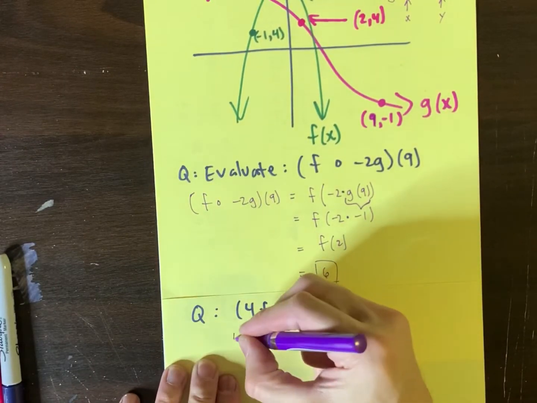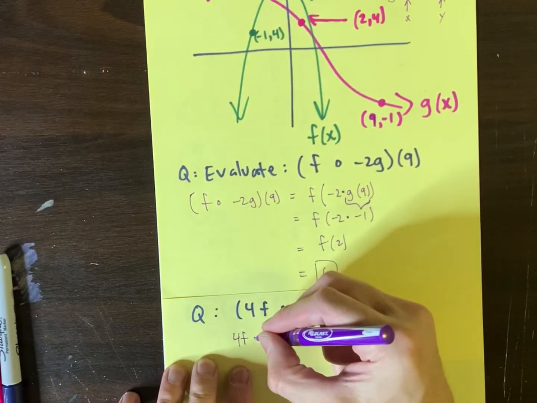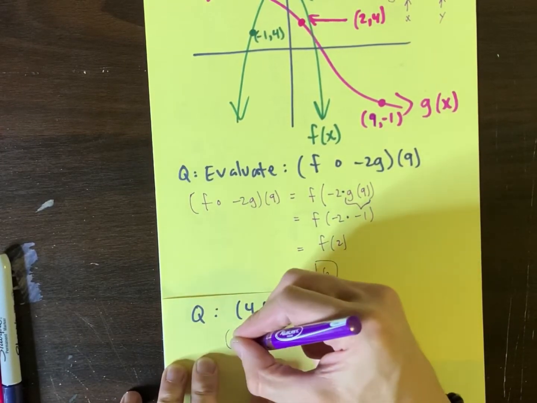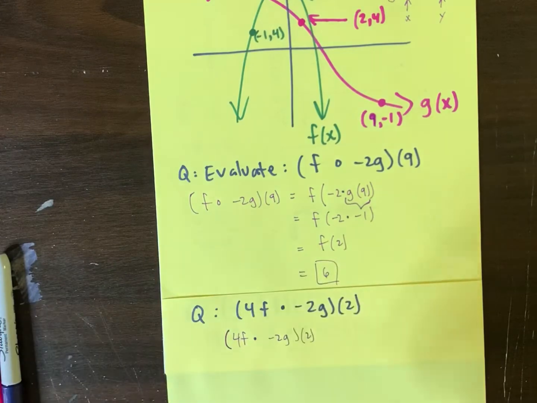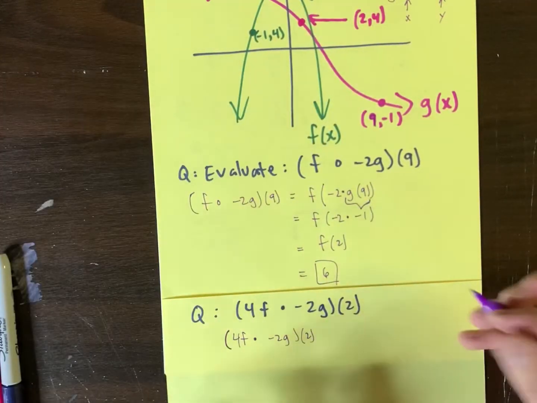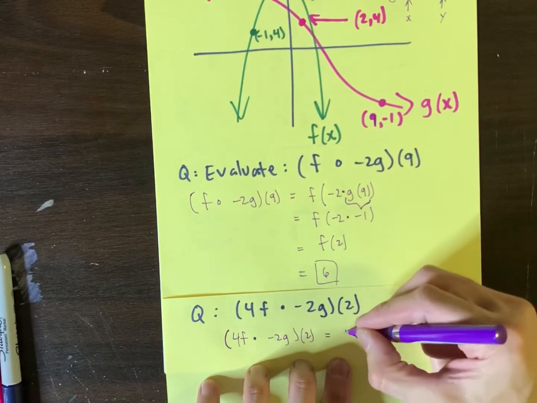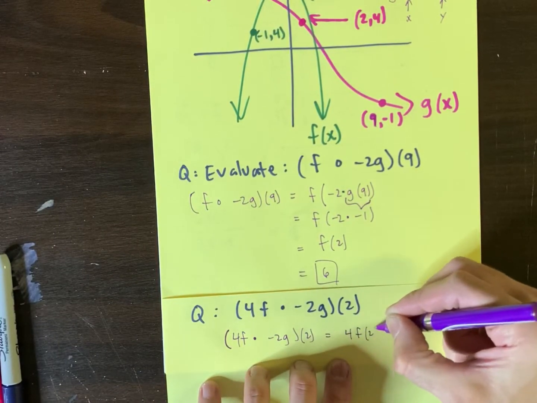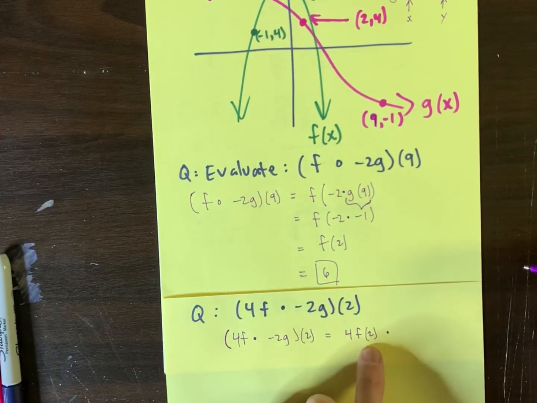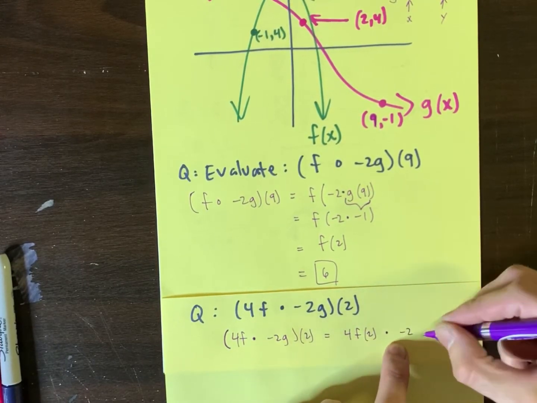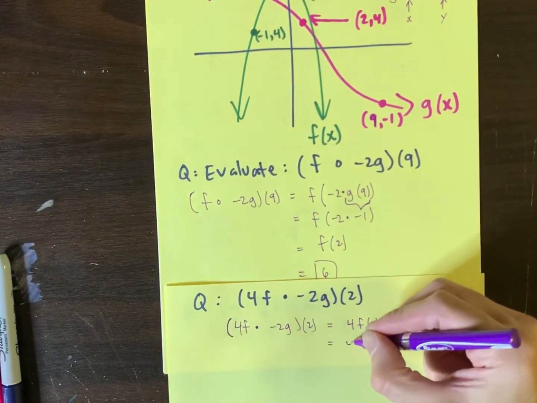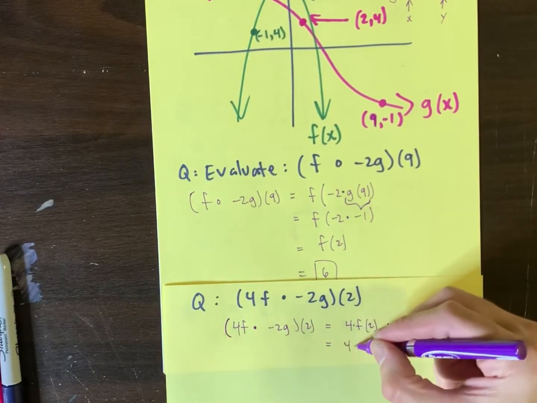Keep everything the same. And then if we apply the properties that we discussed earlier, this can become 4 times f of 2 times negative 2 g of 2. And this equals, let's see, so we'll keep the 4, little dot there for multiplication.